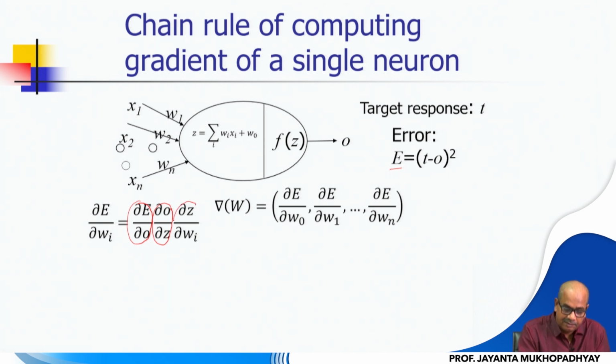Then the derivative of Z with respect to Wi should be computed. That would give you the full thing.